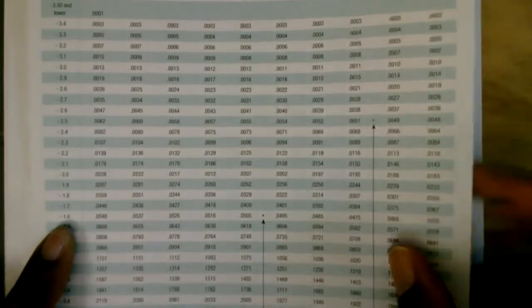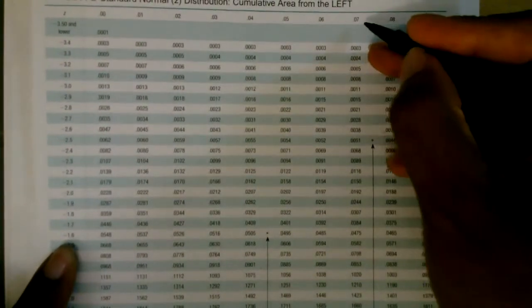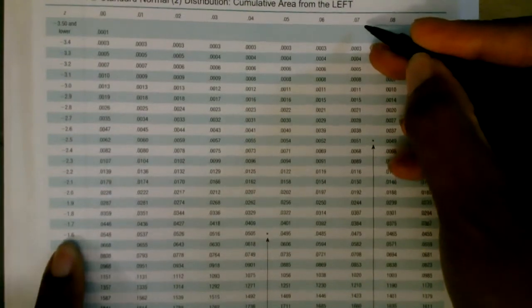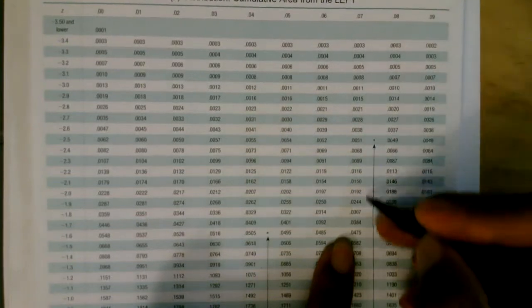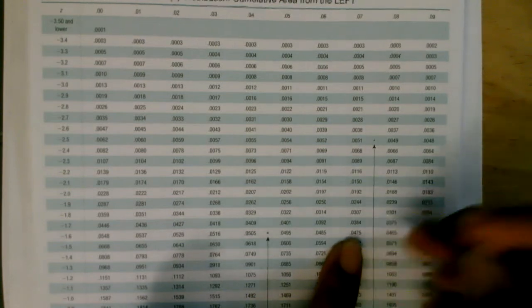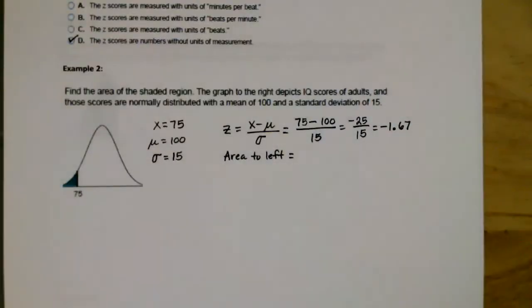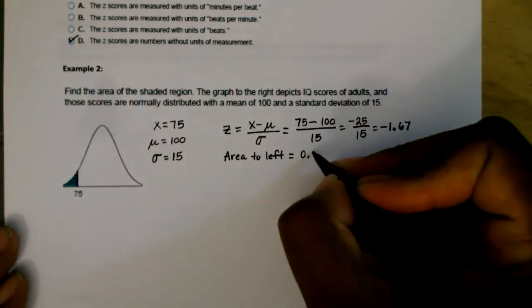So here's negative 1.6 and then 0.07. If I go across the negative 1.6 row to the column for 0.07, I have 0.0475. And that's exactly what I was looking for.